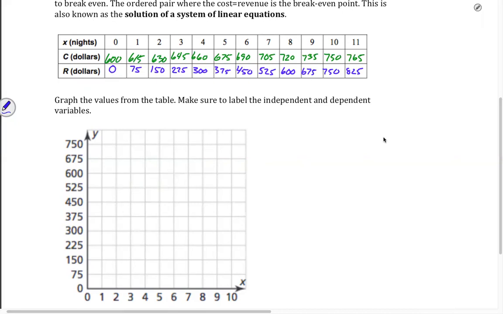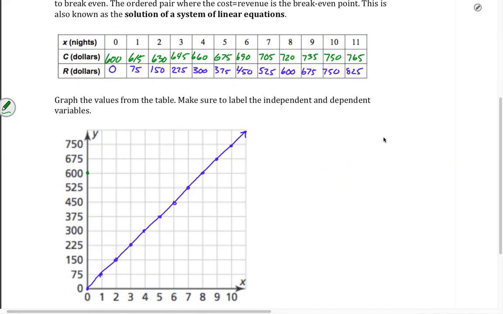So let's plot the blue line. So it says 0, then 75, 150. All right, this is nice. Looks like I get to plot them at all of the corner of the boxes. There we go. So there's my line. Now let's plot the green line.